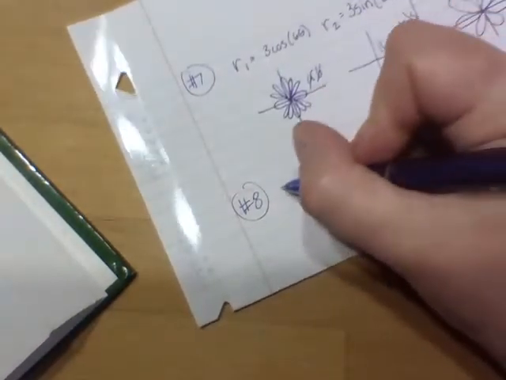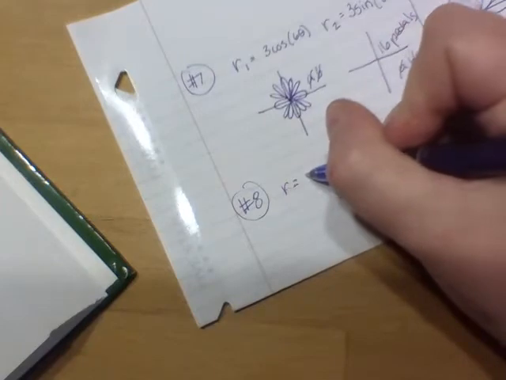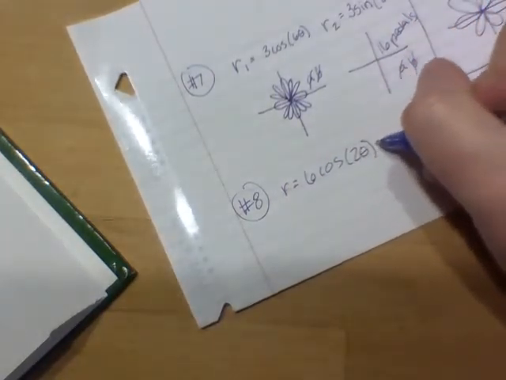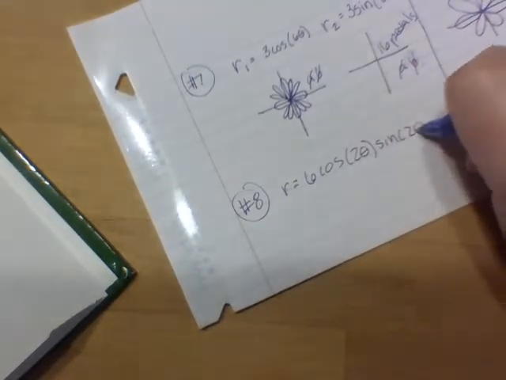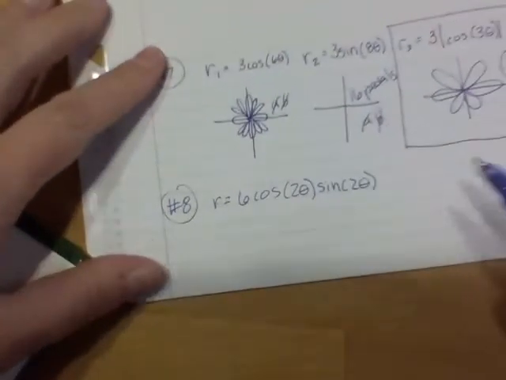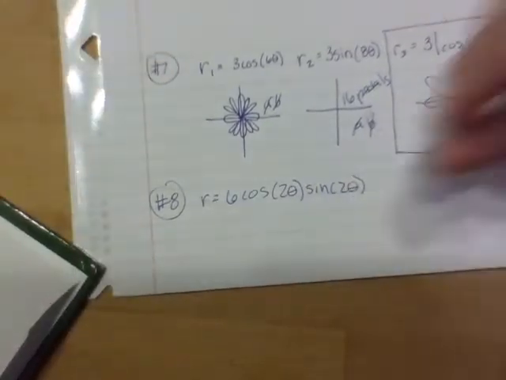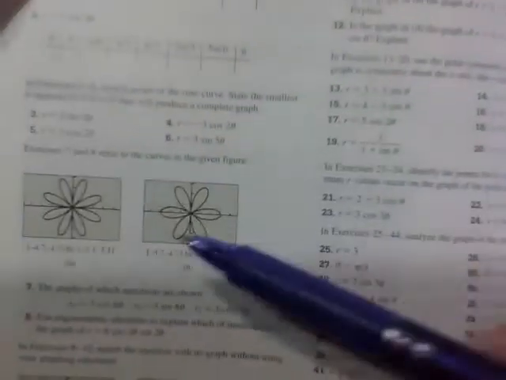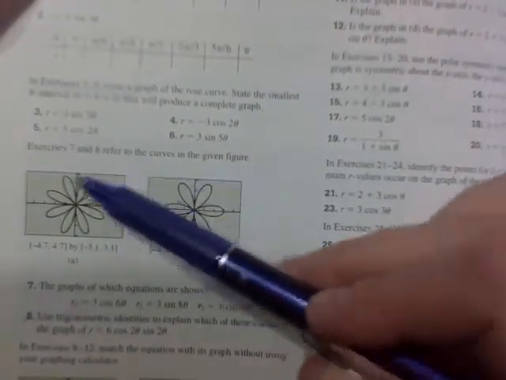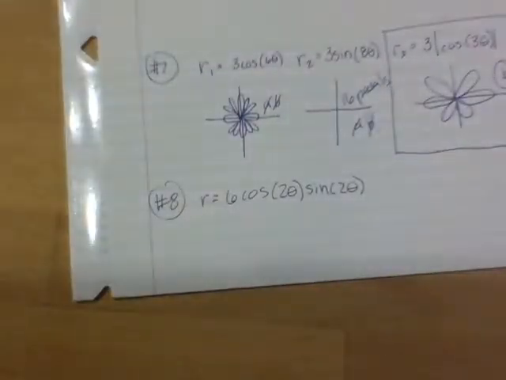So we are given that R equals 6 cosine of 2 theta sine of 2 theta. And I've done this multiple ways before, but we're noticing here at least that when we're trying to get the formulas of these, we're going to try to get a 6 or an 8 kind of happening here for those petals.